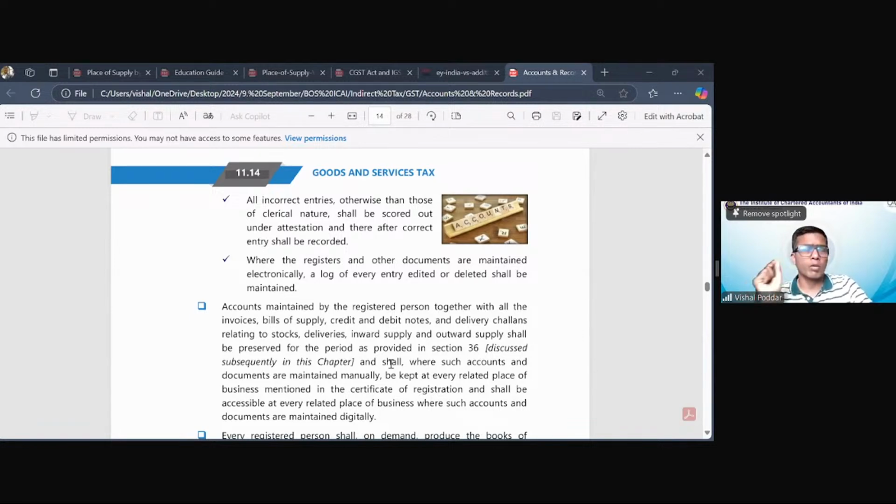It has now become part of even your audit and company law itself, that whatever software you are using should have this particular functionality of maintaining a log of those entries which you have changed or edited, which is also called an audit trail. Yes, Pallavi, you are right. Audit trail with edit log.